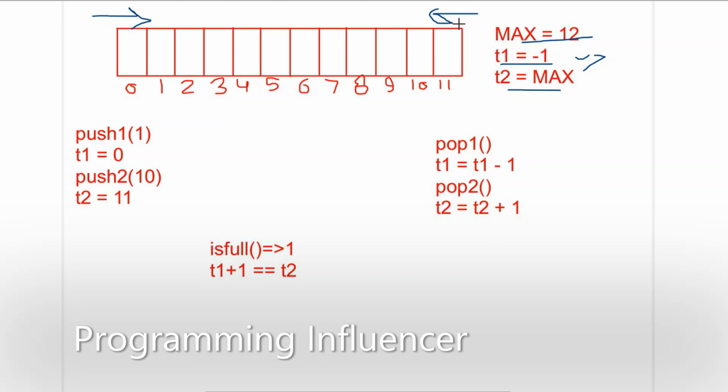It will grow from right to left, and stack 1 will grow from left to right, and when they reach one less than the other's index, it will return isFull. Okay, let me show you.